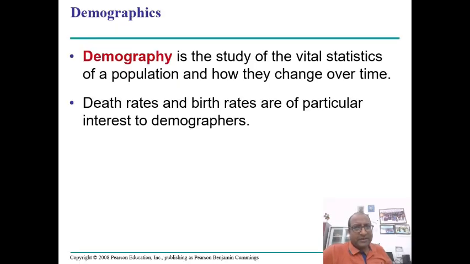So the demographics. What is demographics? Demography is the study of vital statistics of a population and how they change over time. That is the changes occurring in the population size in the course of time in a particular given area.